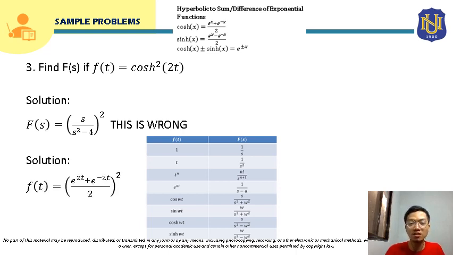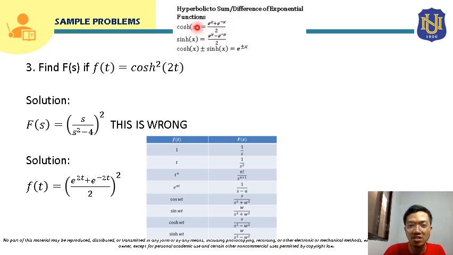So we have to transform first this cosh 2t squared into its equivalent sum or difference of exponential functions. The hyperbolic cosine of x is actually e raised to x plus e raised to negative x over 2.